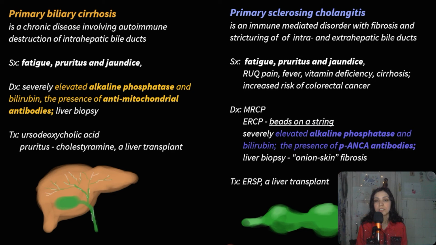Primary sclerosing cholangitis is also an immune-mediated disorder, and you will see fibrosis and strictures of intra- and extrahepatic bile ducts. It's associated with inflammatory bowel disease, more with ulcerative colitis than Crohn's disease.